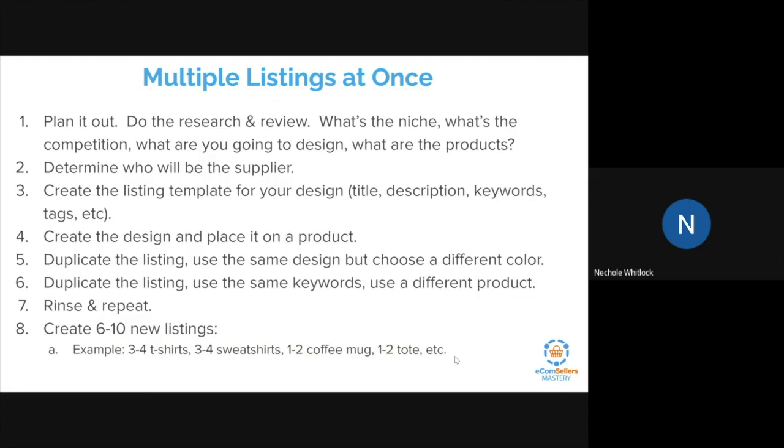I want to come back and visit that, because when you are doing group listings, a lot of the time you are going to be using the same design multiple times. It may be all in the same color, like a black shirt or a purple shirt or a red shirt.